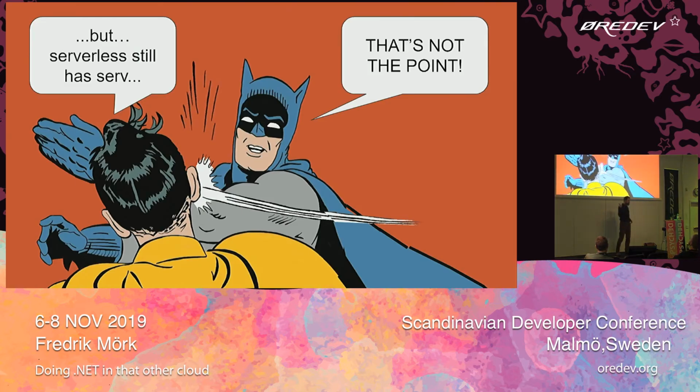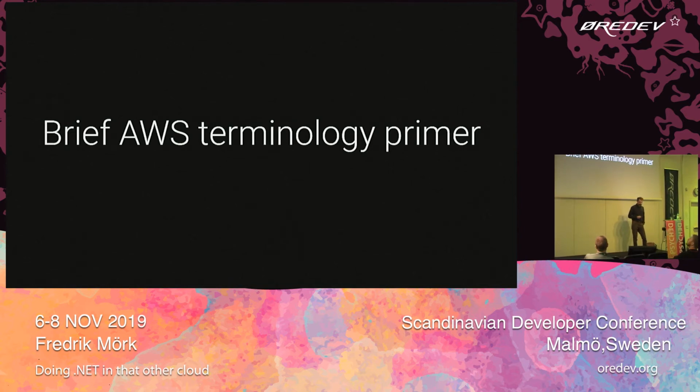And I hope that we are past this confusion with the name serverless, that there shouldn't be servers in there. I think that it's just that we don't relate to the servers anymore, much like many of us have not really related to processors in quite some time when doing coding, but nobody came up with the idea to call it processor-less computing for that. But let's just leave that behind us and go into some AWS terminology.